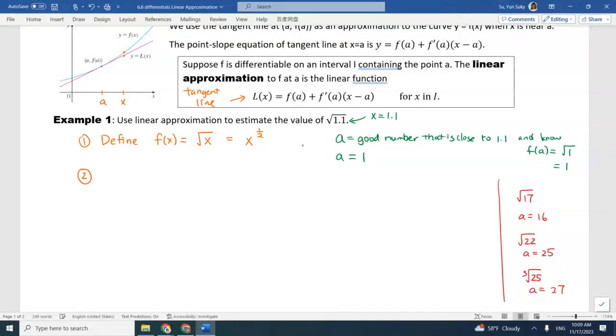Second step, we want to compute the tangent line, right? So we need the derivative. What is the derivative of the square root of x?